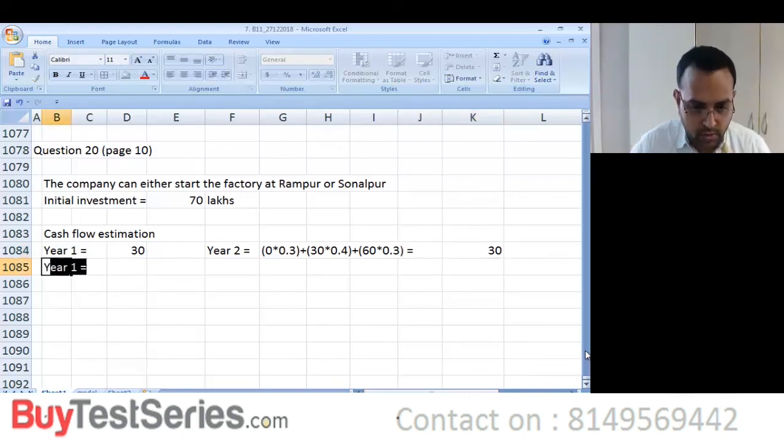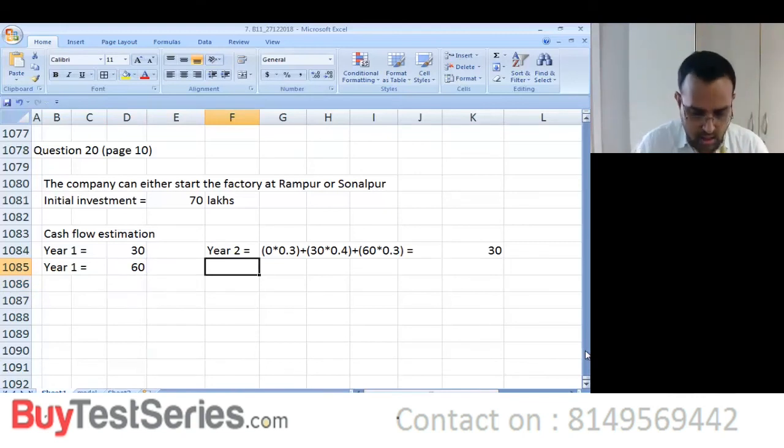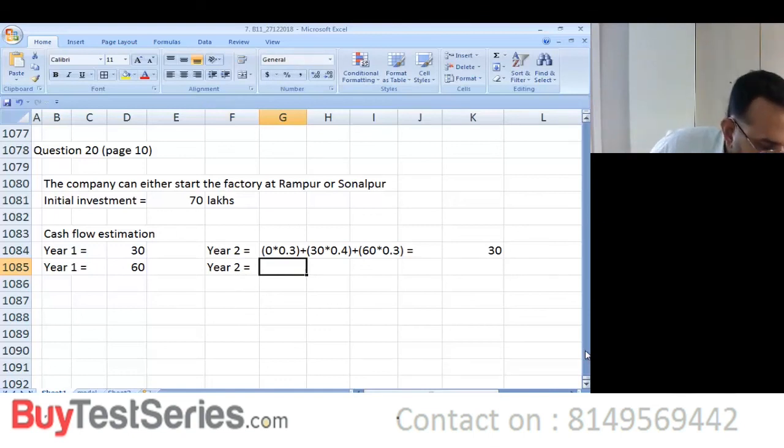If year 1 cash flow is 60, which is the second probability, correct, then year 2 cash flow will be 30 into 0.3 plus 60 into 0.4 plus 90 into 0.3.